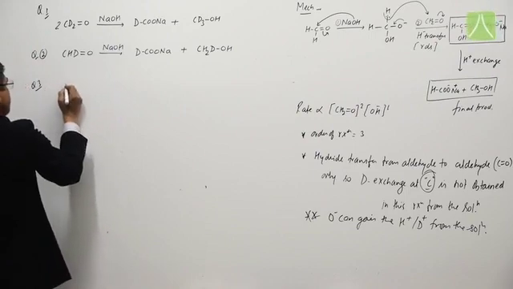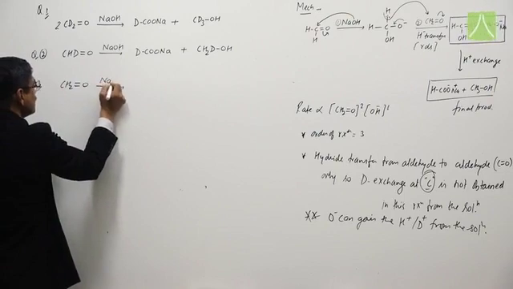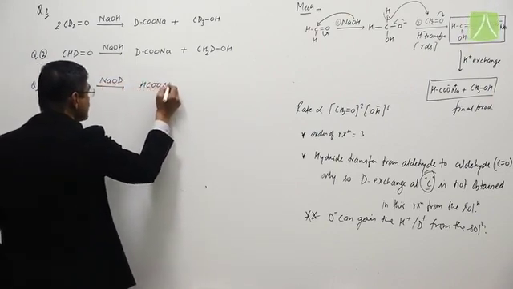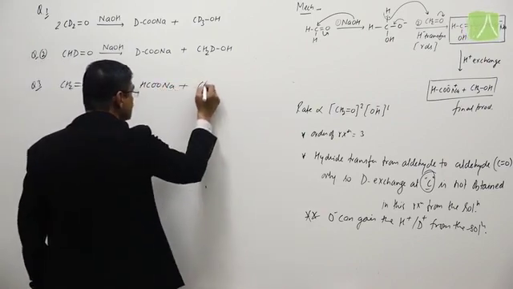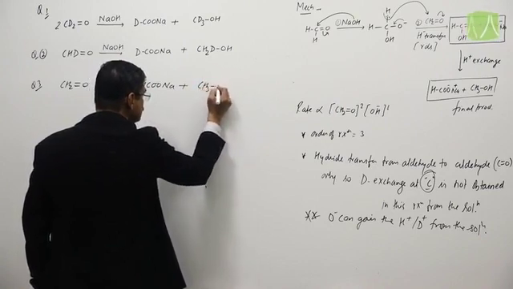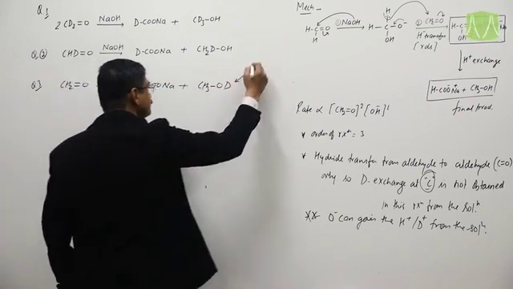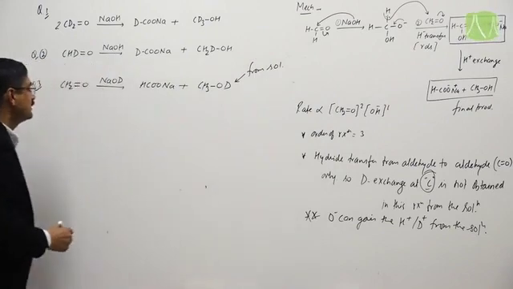Question number 3. Suppose I take CH2O in presence of NaOD. Now HCOO minus is the acid salt. Then one hydrogen is transferred to the other. But D is obtained from the solution. These are the basic examples.